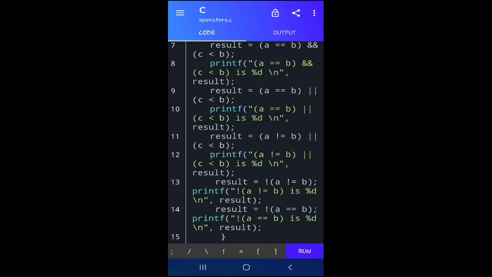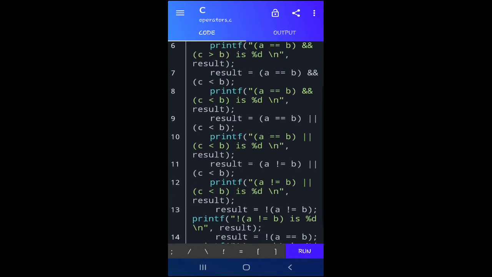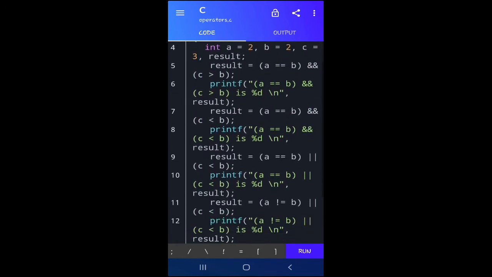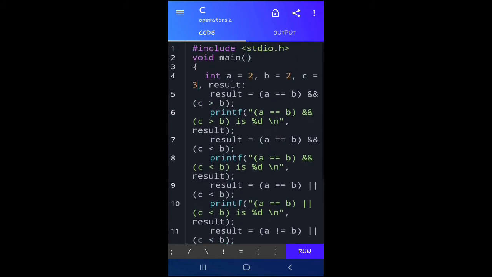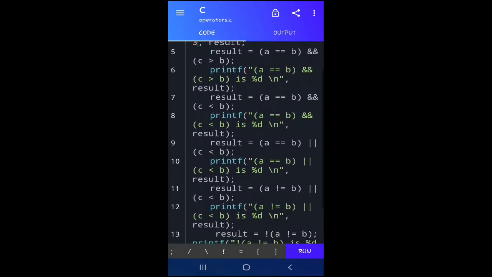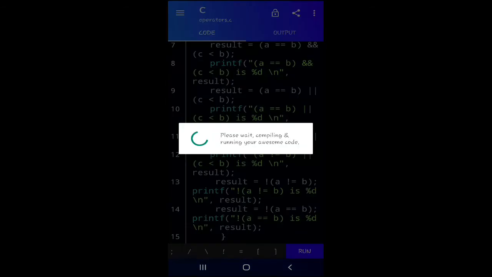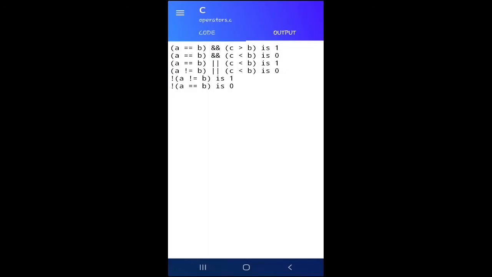If the condition is true, we will get 0. If the condition is false, we will get 1. That's how it works. I'm scrolling down for you to have a look at the program once again. Let's run this and see.